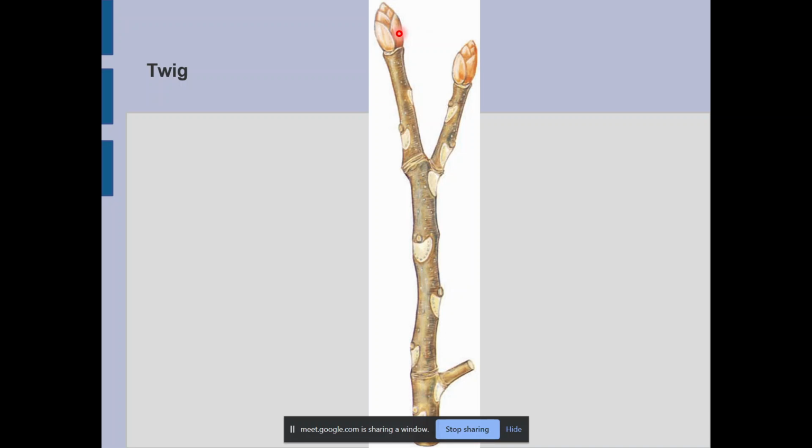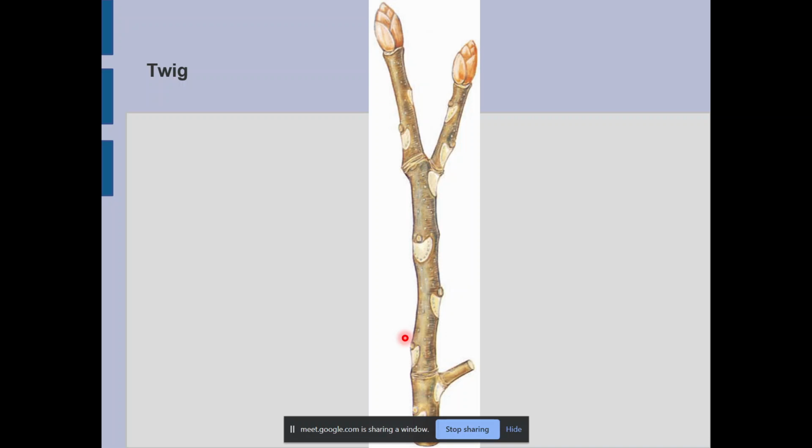There are also axillary buds located here, and axillary buds are lateral, and they are found between the leaves and the stem they are attached to, and they can grow and form a stem that bears leaves and flowers.